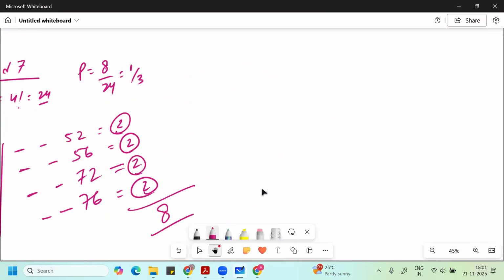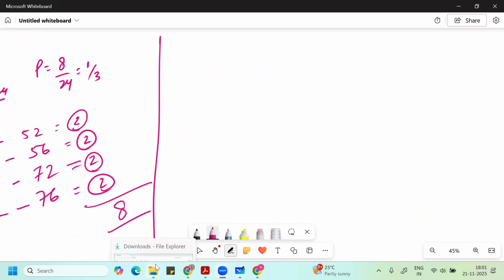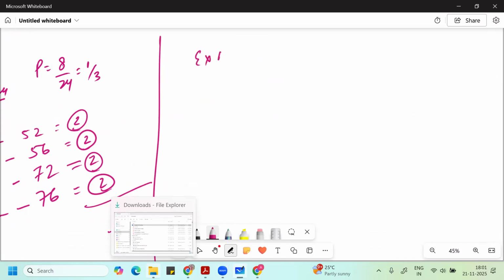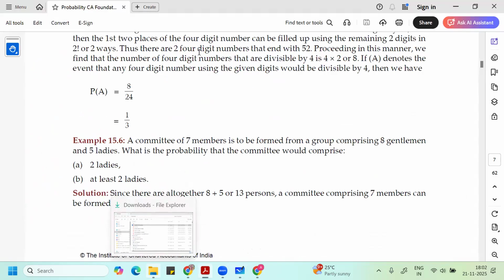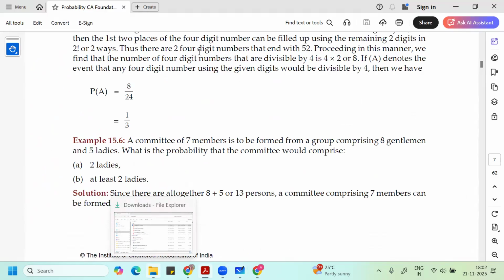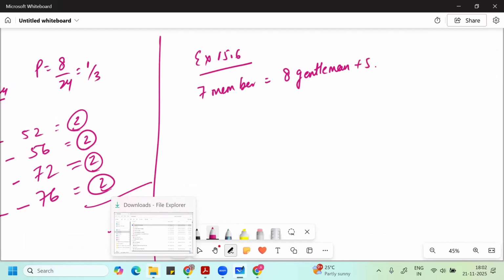So in this example, you want to create a 7-member committee from 8 gentlemen and 5 ladies.